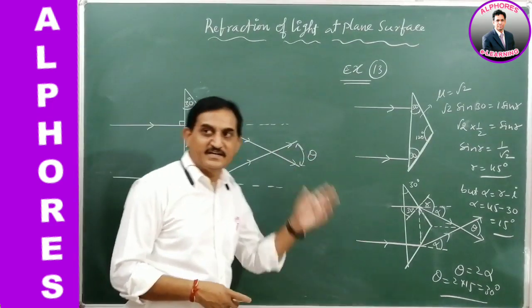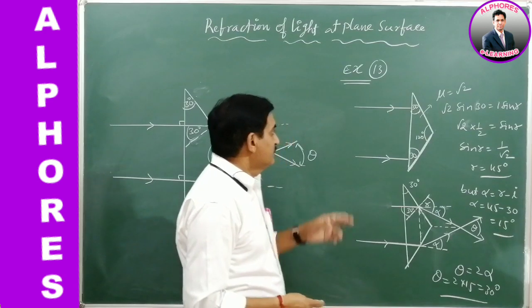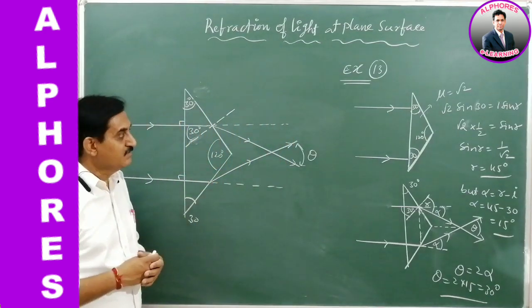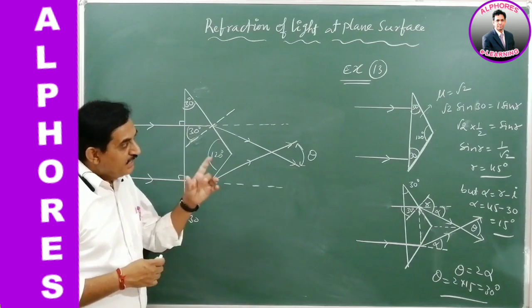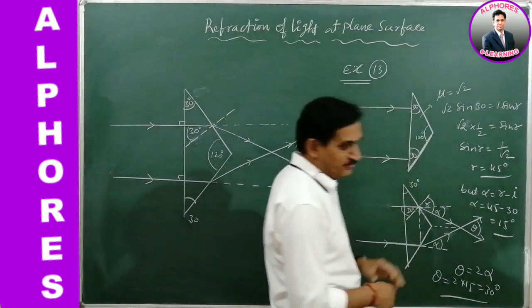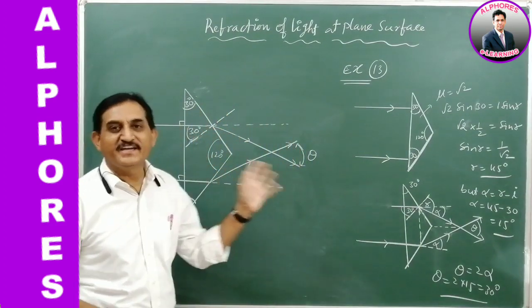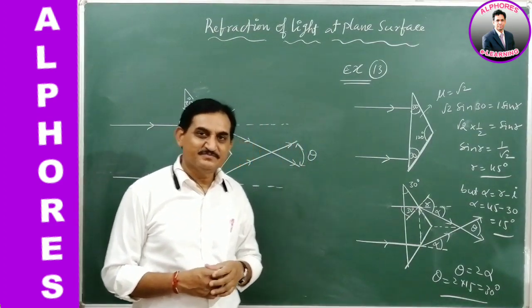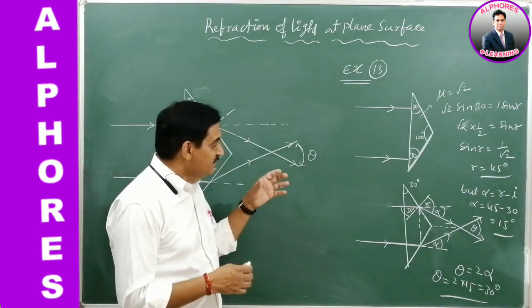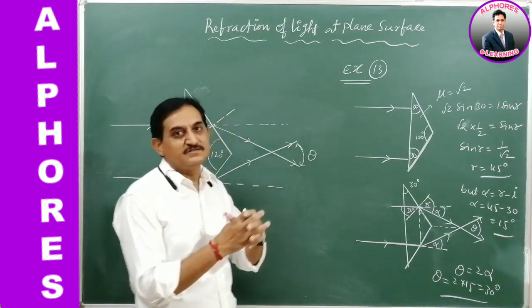Now go for one more example, that is the 13th. Consider an isosceles triangular prism of angle 120 degree and refractive index root 2. A parallel beam of light is incident on it, undergoes refraction, and finally they are emerging.